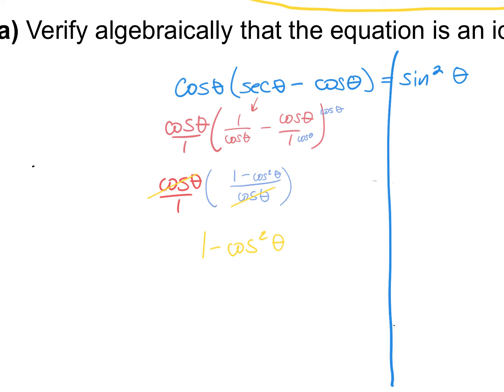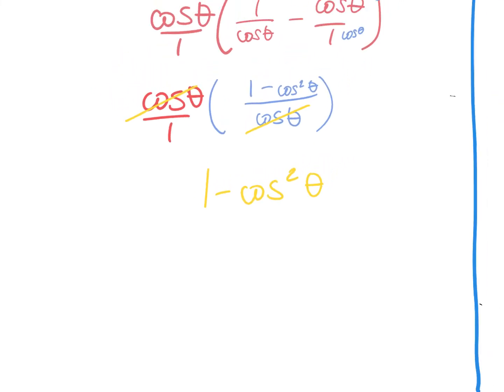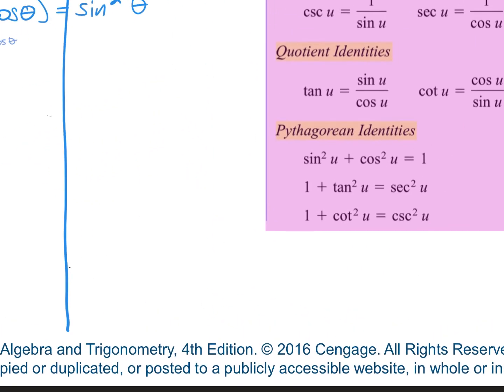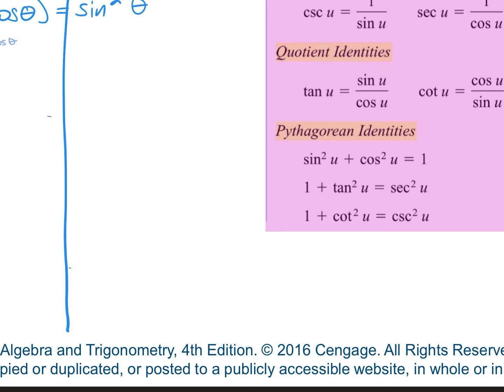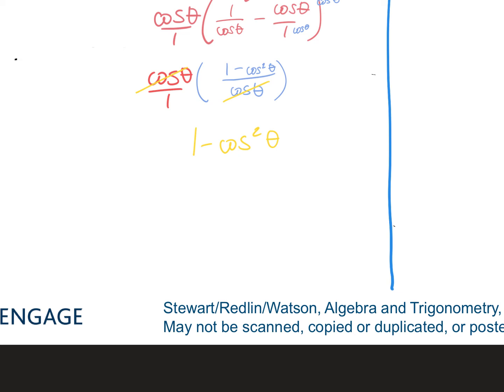Well, I have a 1 and a minus sign and something squared. So where should my eyes go? To your Pythagorean identities. Do you see any Pythagorean identity that has a cosine squared in it and a 1? Yes. This one, right? The first one? All right, so it's not exactly what we need it to be, but this one says sine squared theta plus cosine squared theta equals 1. I want the blue to look exactly like the yellow.